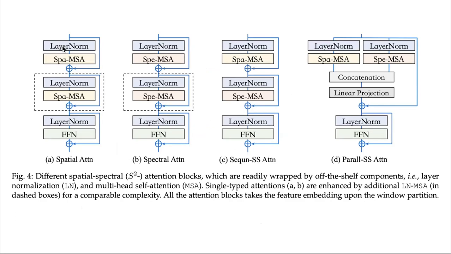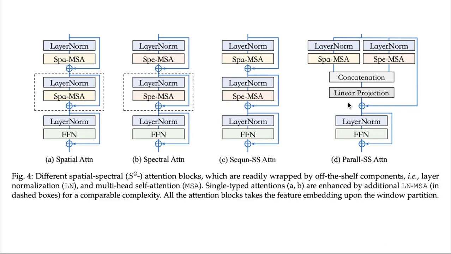Usually they have the layer norm in the spatial MSA, with some residual you can see here, and in the end we have a feed forward network. And this one is the spectral, basically replacing the spatial MSA with spectral MSA. And then they have sequential spectral and spatial spectral.